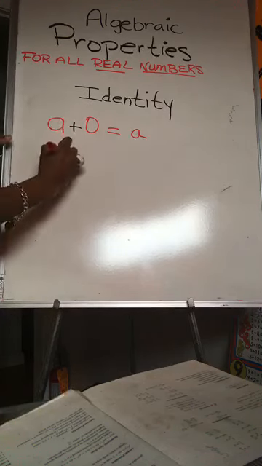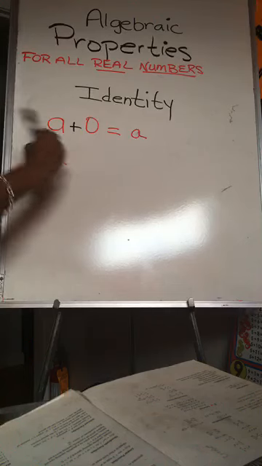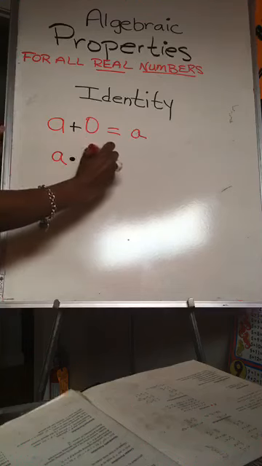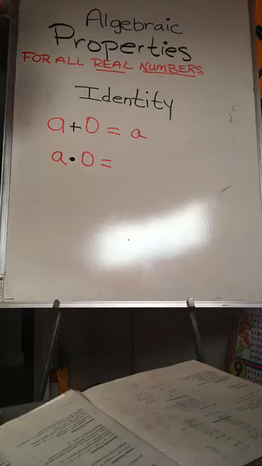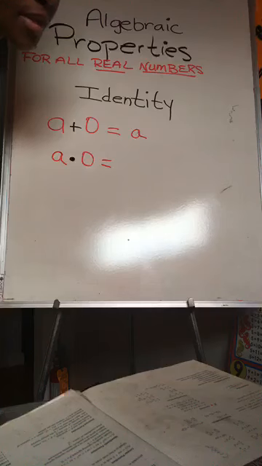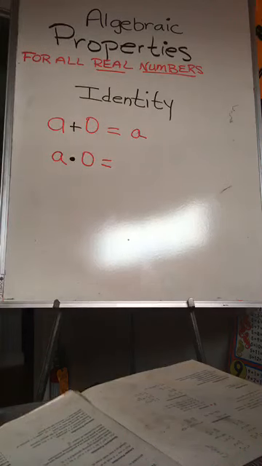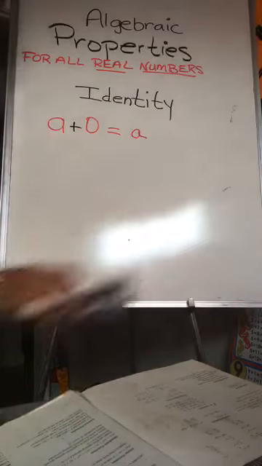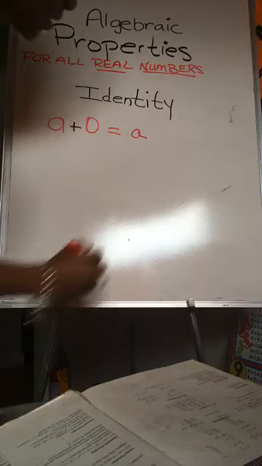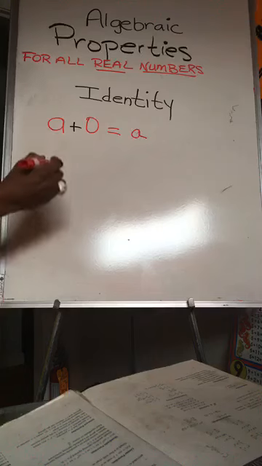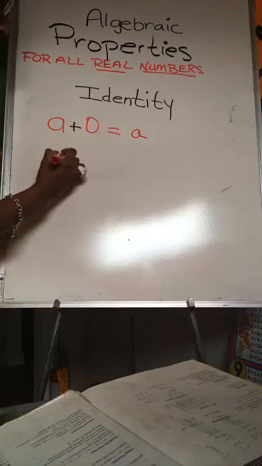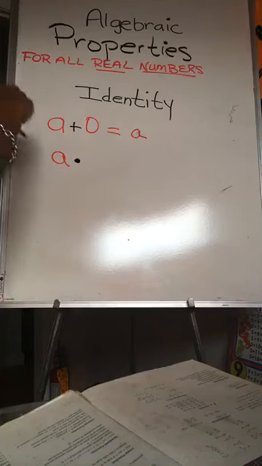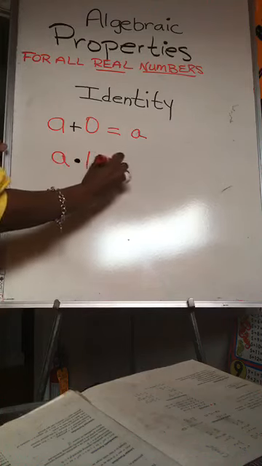Now for multiplication, and I'm going to use a dot, A times nothing, or 0, is equal to, what do you think? Oh, sorry, that's not right. What I meant to say is, this is also an identity when you say A times 1. What do you think that is?